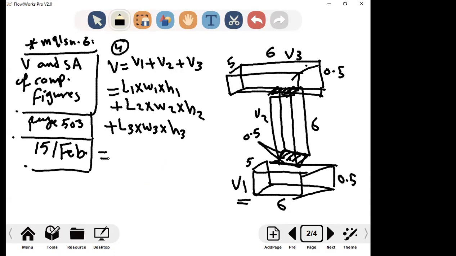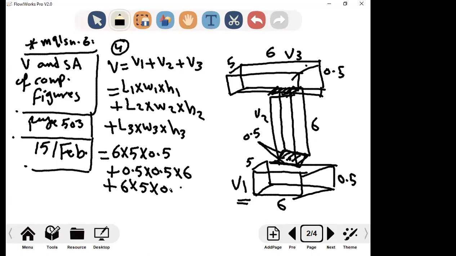This equals, down, 6 by 5 by 0.5, right? 6 times 5 times 0.5 plus the second one, 0.5 times 0.5 times 6, plus the upper one, 6 by 5 by 0.5, right?